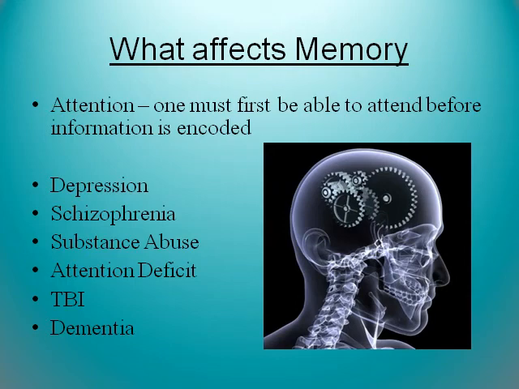Attention deficit, if they have impairments in the frontal lobes, that's mediating your ability to pay attention. Head injury. Now the very first thing to go is the last thing to develop. And remember, the last thing to develop is the frontal lobe, which is responsible for planning, organizing, impulse control, inhibition, and attention. And dementia, same thing.